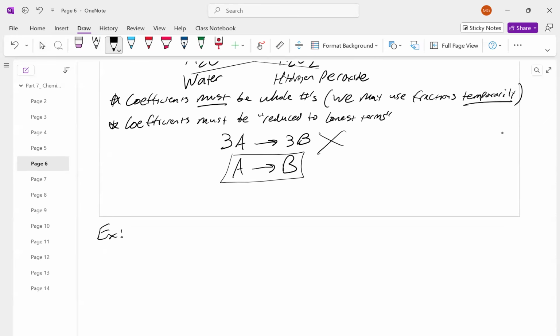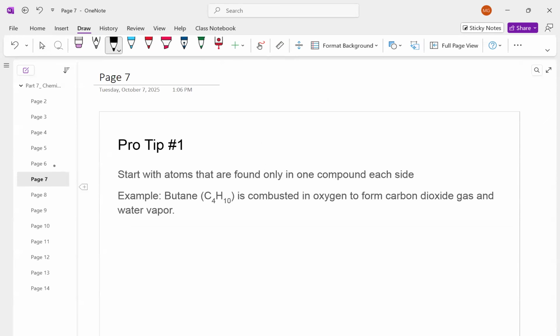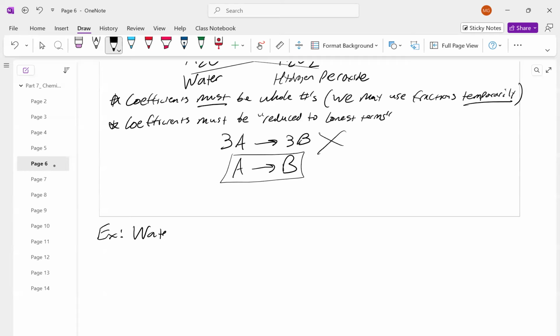All right, so for example, water decomposes to hydrogen gas and oxygen gas. This is basically how the problem is given to you, and then I'll say, write a balanced equation that describes this process.